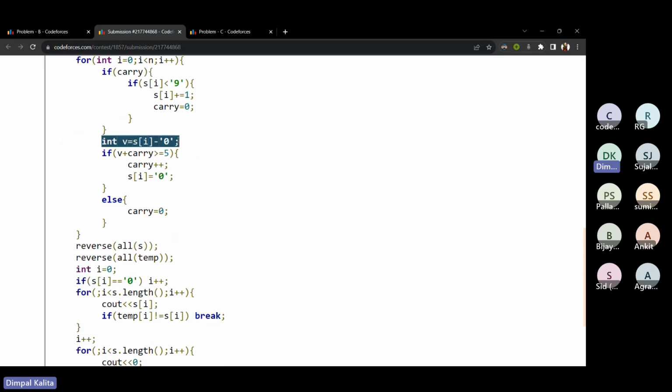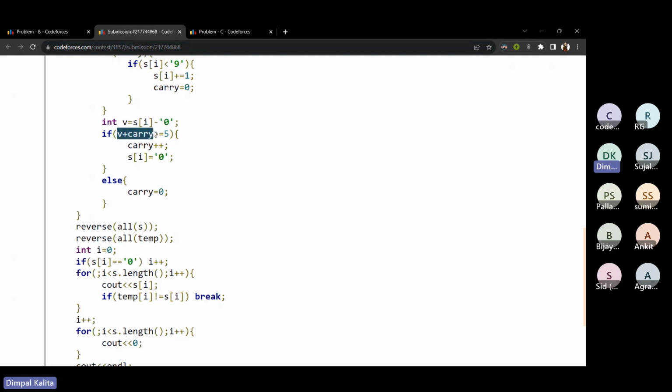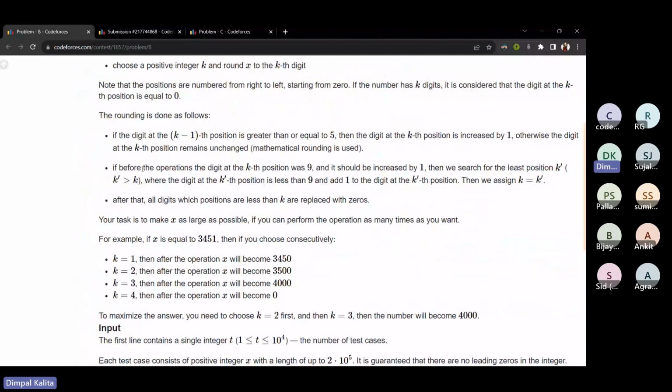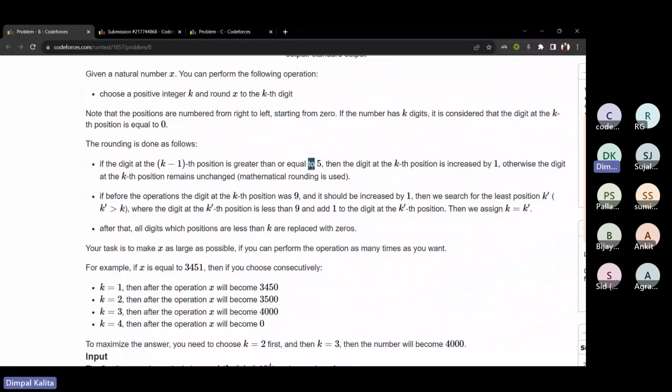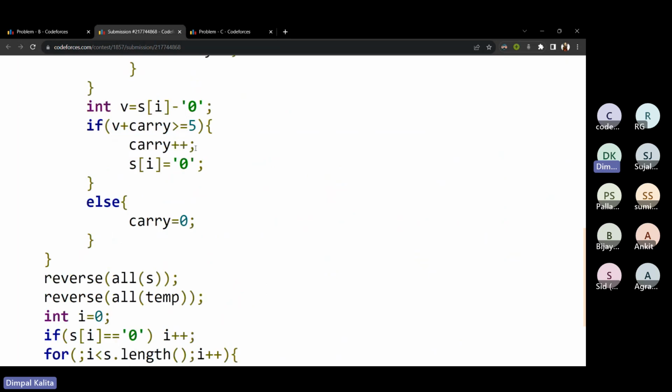Okay, then I'm getting the integer value from the index of the string. Then if the value plus carry is greater than or equal to 5, then the first rule applies. The k minus 1 position is greater than or equal to 5, then I have to add a carry to the previous index, so I have added 1 to the carry.